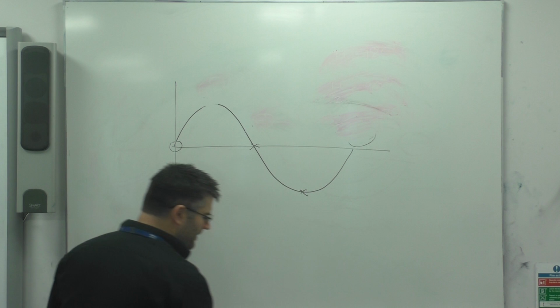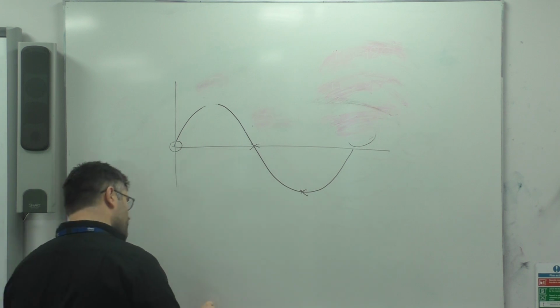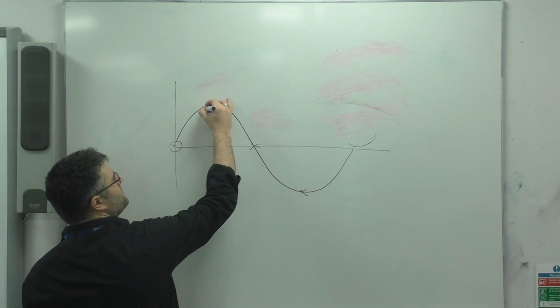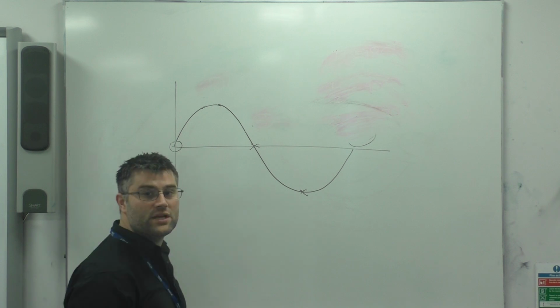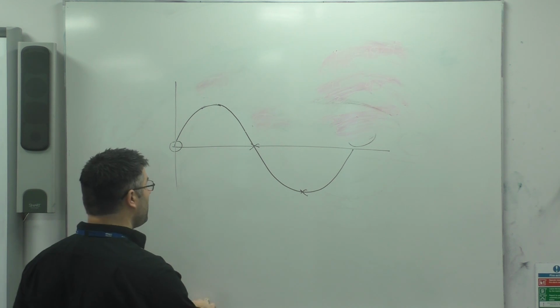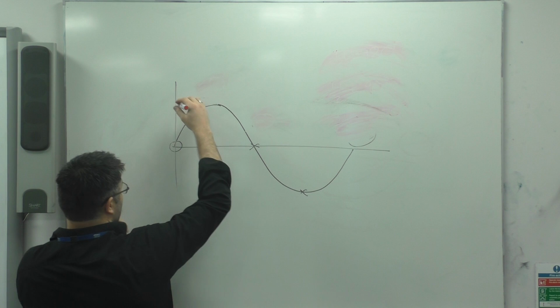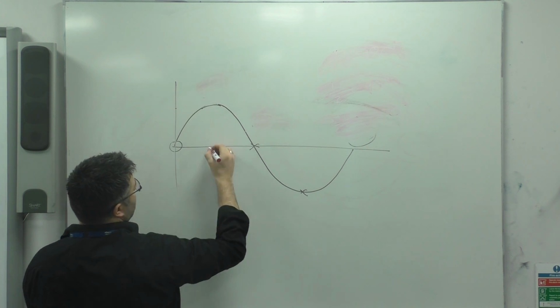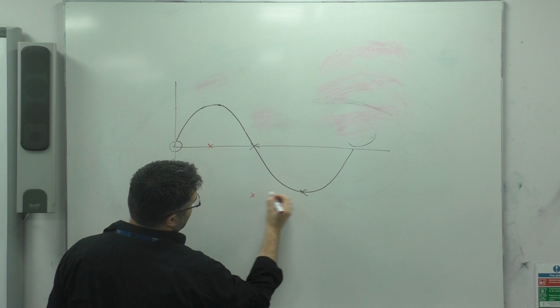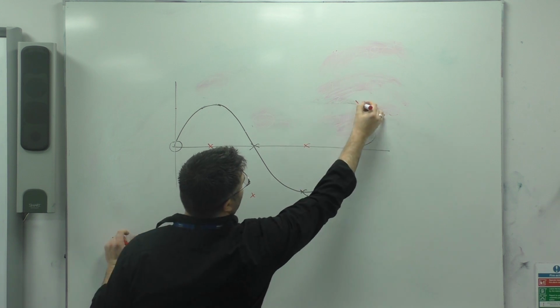It's not just about suggesting the position of the wave, it also allows us to suggest a relationship between two waves. So if I draw a second wave on here now, like this, I'm just going to draw some crosses to make sure I draw it correctly.